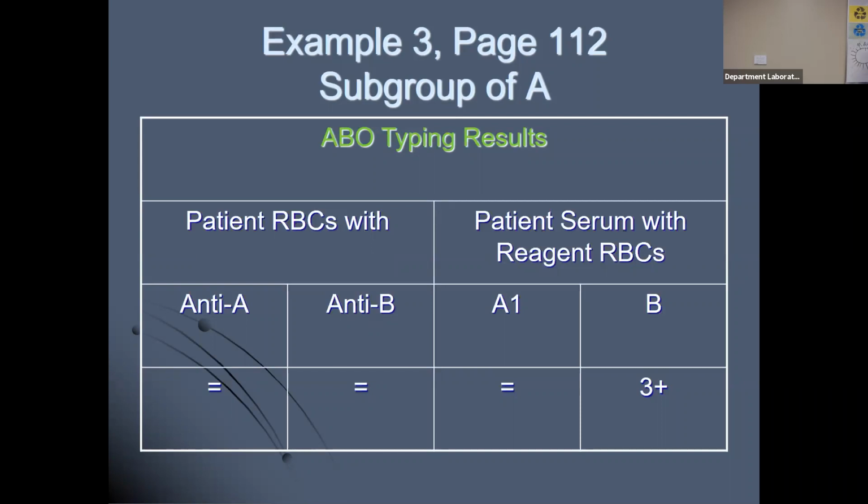And if you're A2, that means you have the A2 antigen. If you have the antigen, you cannot build the corresponding antibody. So A2 patients will not react with A2 cells. Only B and O. Why? Because B and O lack the whole A antigen structure. They lack the whole thing, so they can build anti-A2. Okay? Does that make sense to everybody?